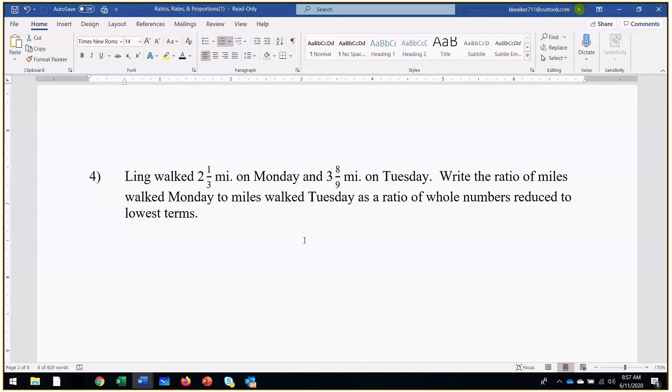She walked 2 1/3 on Monday and 3 8/9 on Tuesday. And they want the ratio of miles walked Monday to Tuesday as a ratio of whole numbers reduced to lowest terms.